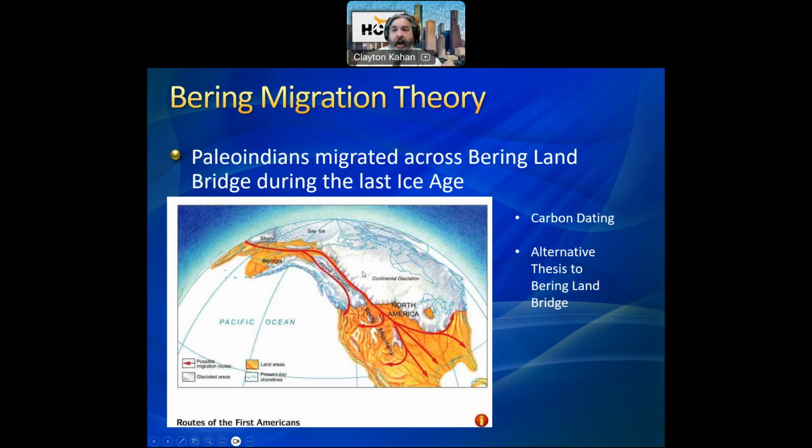It's covered in ice, this huge landmass that they've got called alpine glaciation on this map is a series of just literally solid ice that stretches from the northernmost border of what is the United States today, all the way through Canada, all the way up to Alaska.